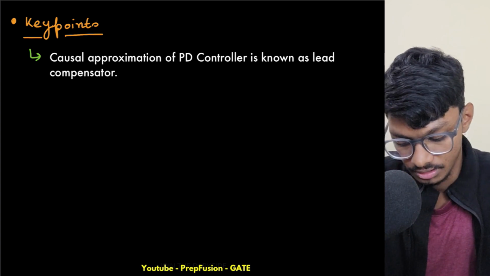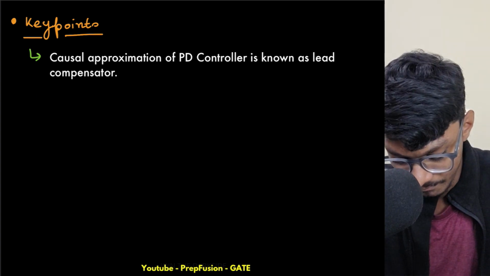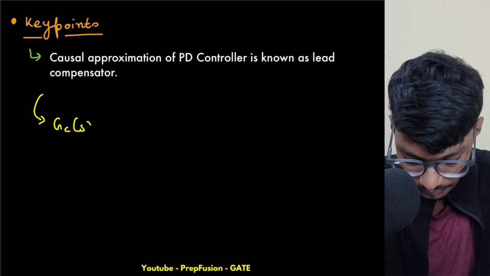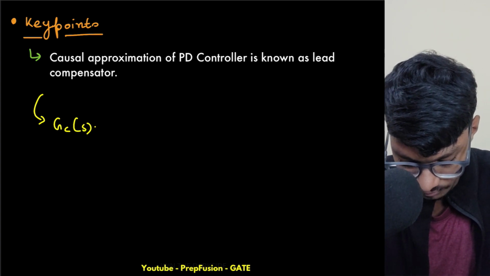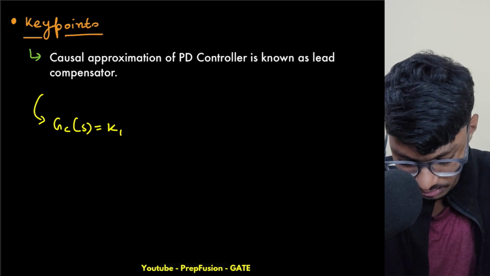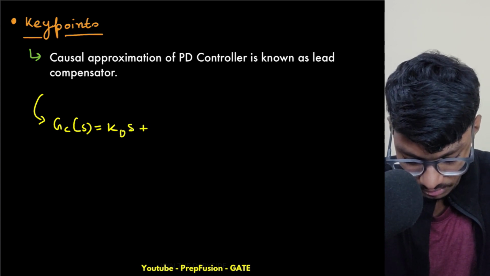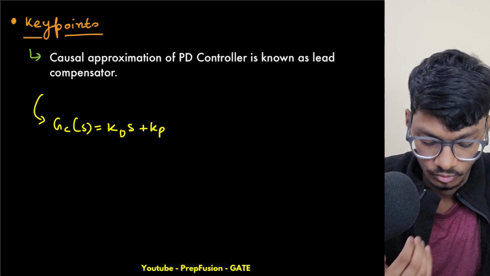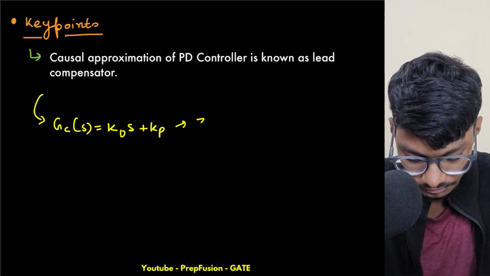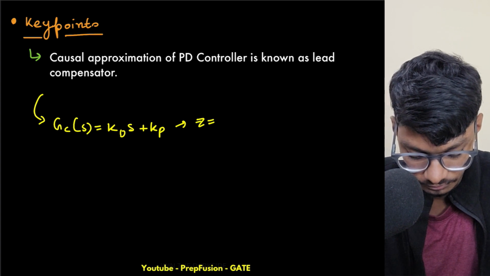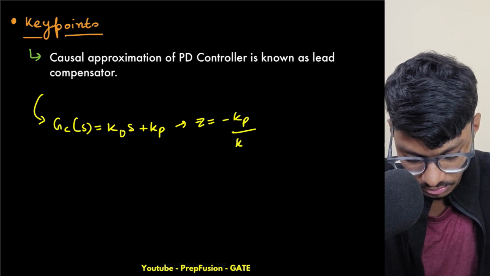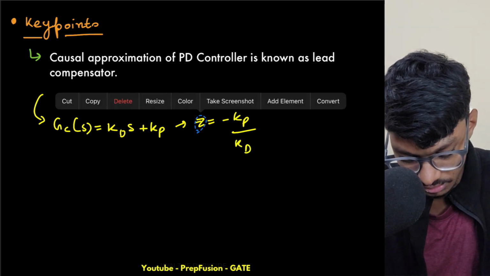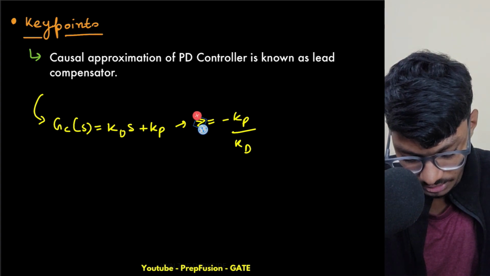So what is the controller transfer function of a lead compensator? GC of S will be KDS plus KP. Now we have number of zeros more than number of poles. Here one of the zeros lies at minus KP upon KD.